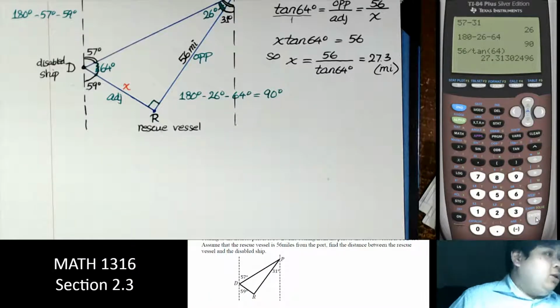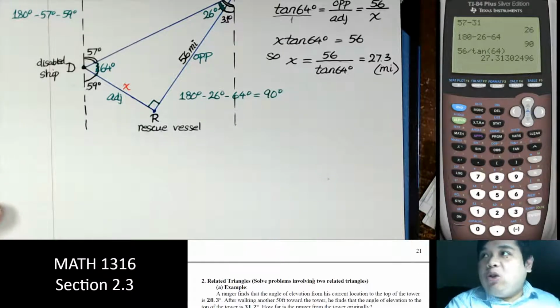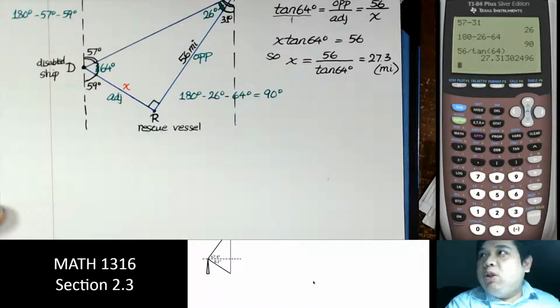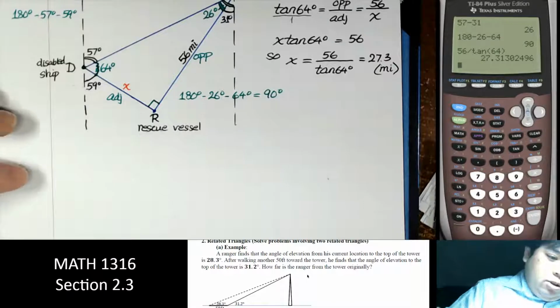Right, so that's what we have. Like I said, we need to have a right triangle in order to do it. Right, more examples.